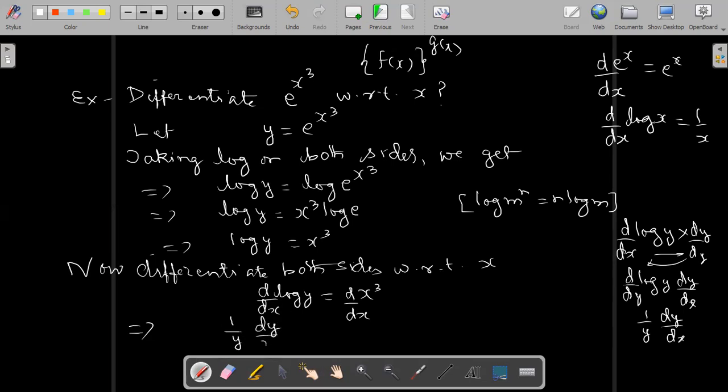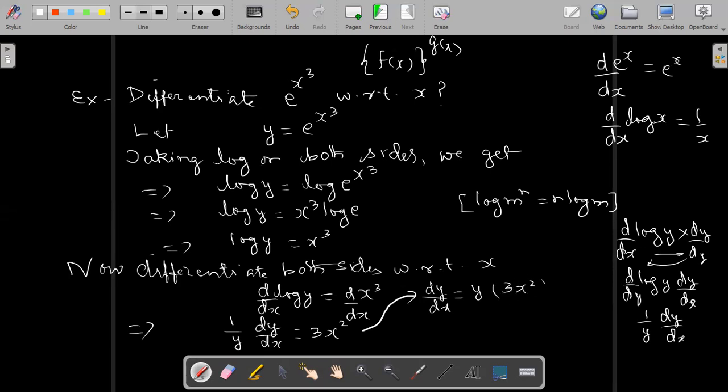So 1 by y dy by dx is equal to, here n x to the n minus 1, 3x square. Differential of x cube is what? 3x square. And this y will be multiplied here. So at last you get dy by dx is equal to y into 3x square.